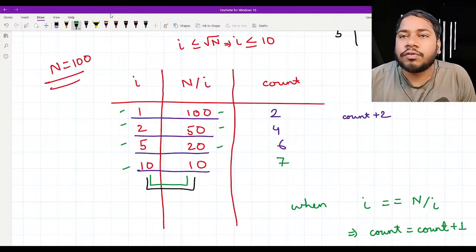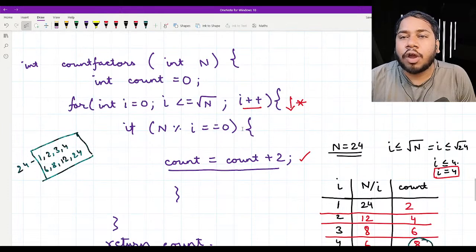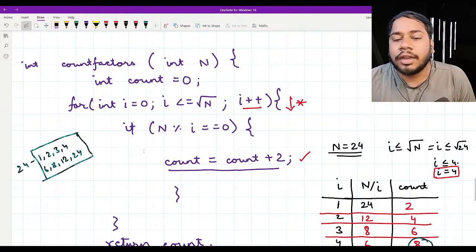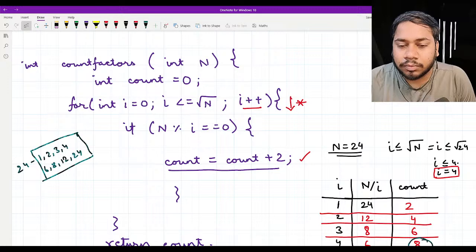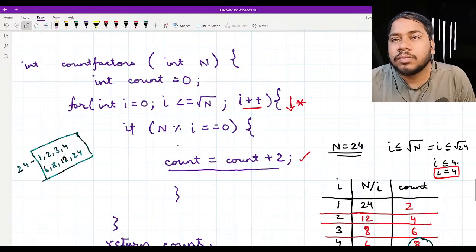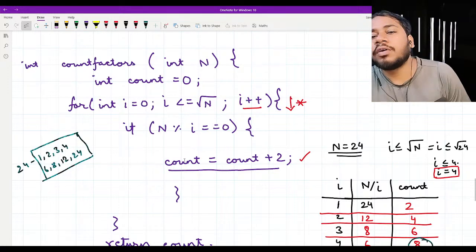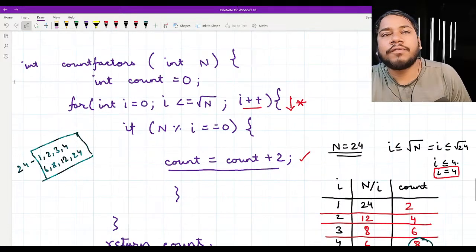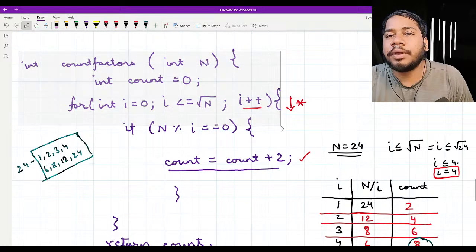Understood. So now we got this. Let's copy this code because it will be a little tough to do the editing here. So let's copy it from here.